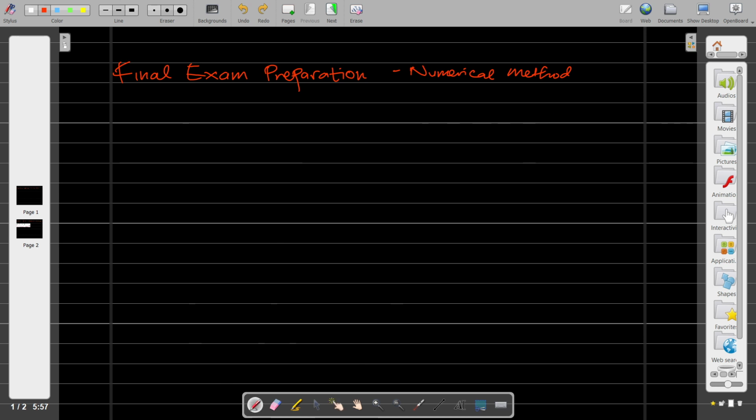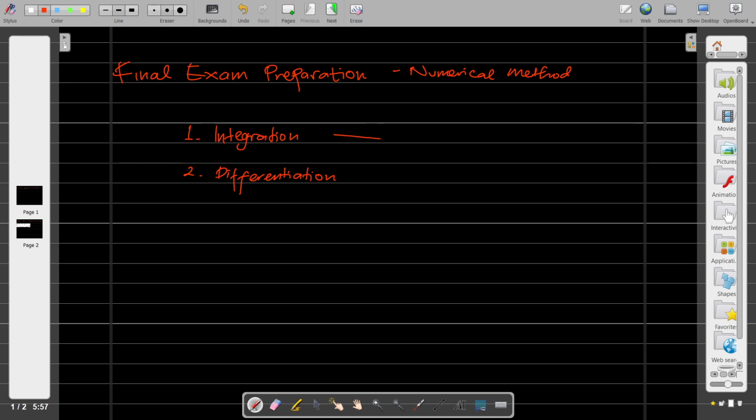So there are two main parts that will be tested. The first one is about integration, and then the second one will be about differentiation.